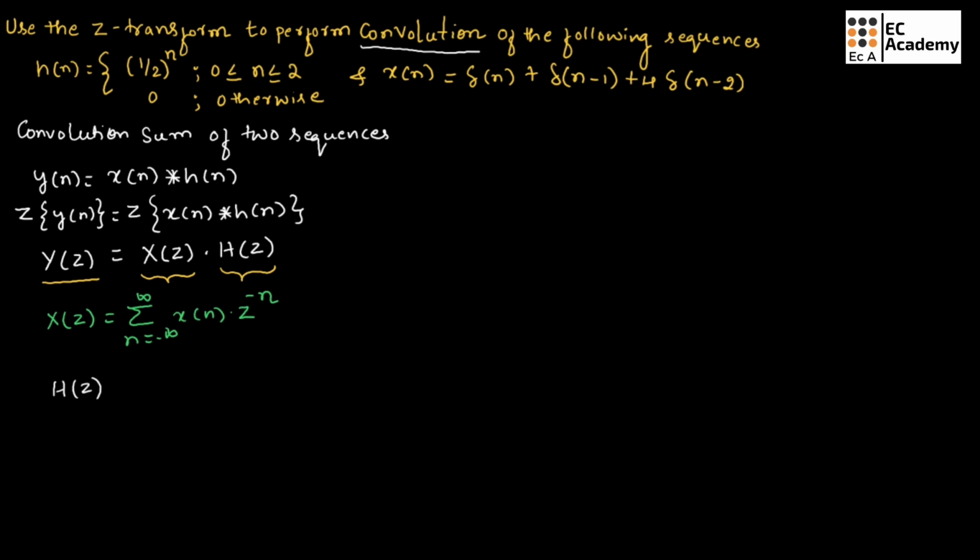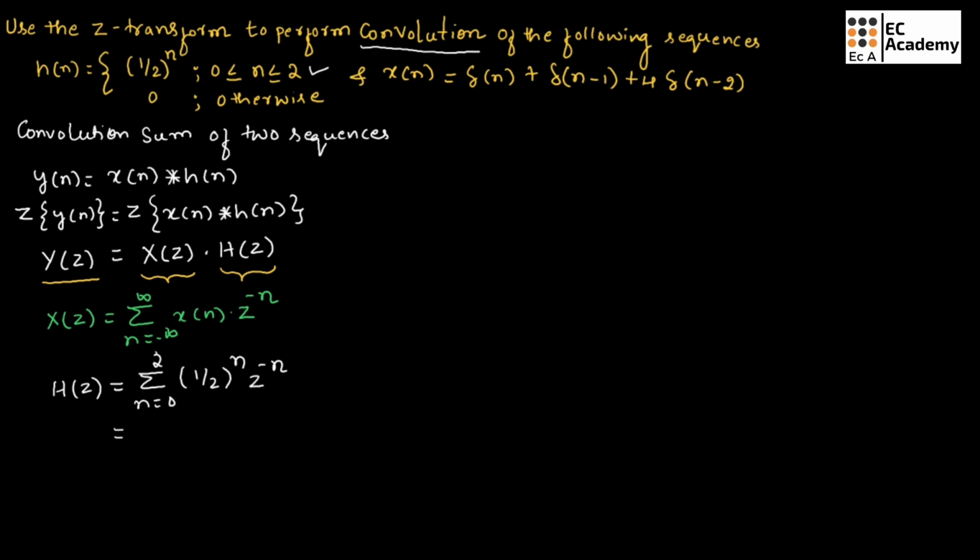Here if we observe, h of n is having the value (1/2) to the power of n for n value ranging from 0 to 2. So that's why we can write this summation as n is equal to 0 to 2, (1/2) to the power of n, z to the power of minus n. Here we need to put different values of n from 0 to 2.